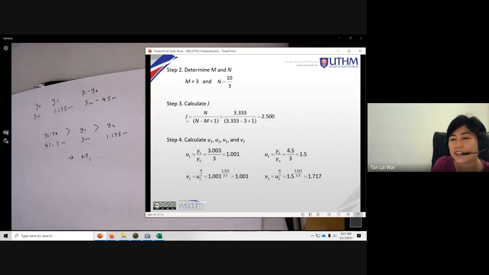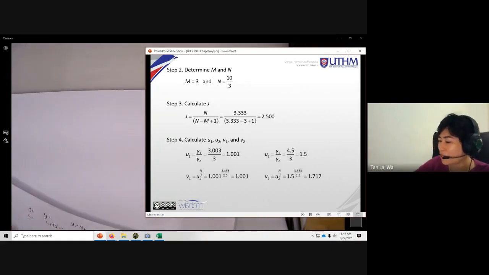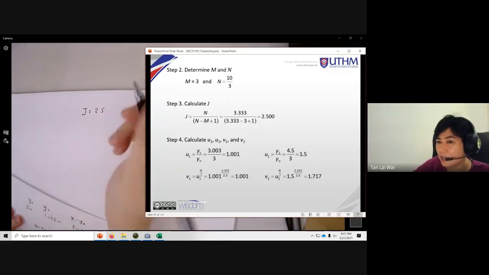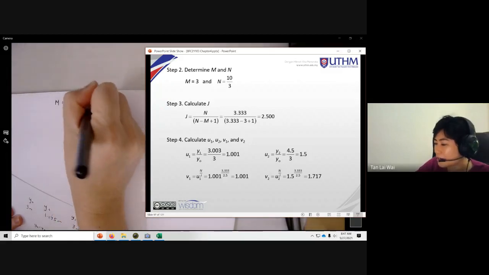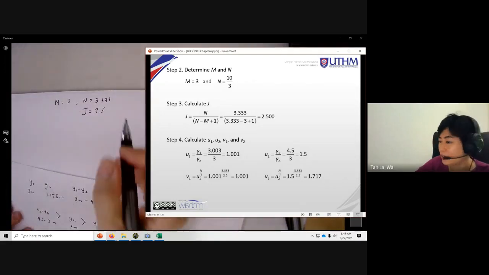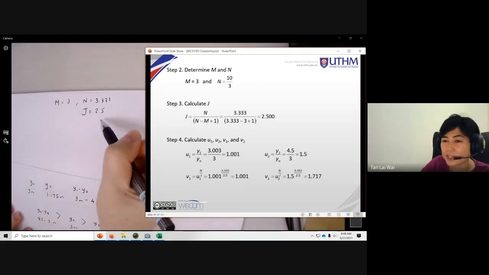Now to calculate J, the formula will be N divided by N minus M plus 1. So you have J equals 2.5. Now I need to write this down. J equals 2.5, N is 3.33, and this is four significant figures.